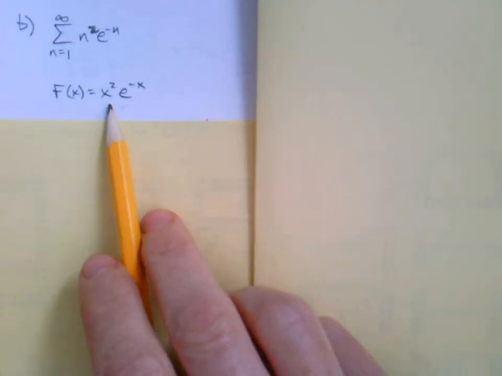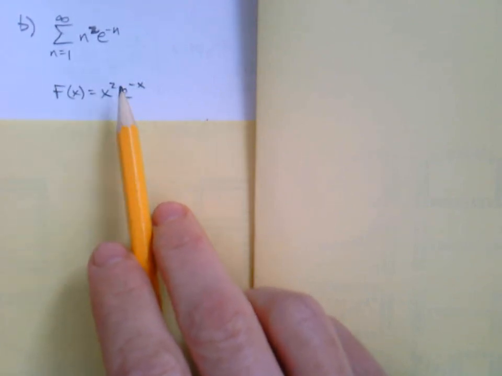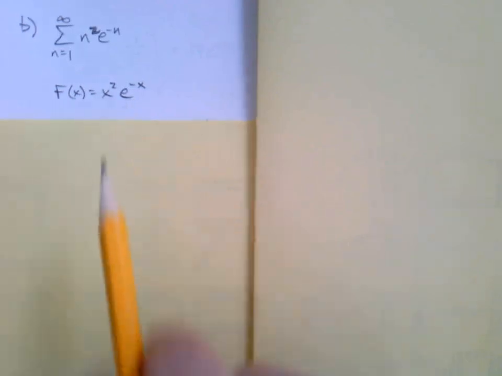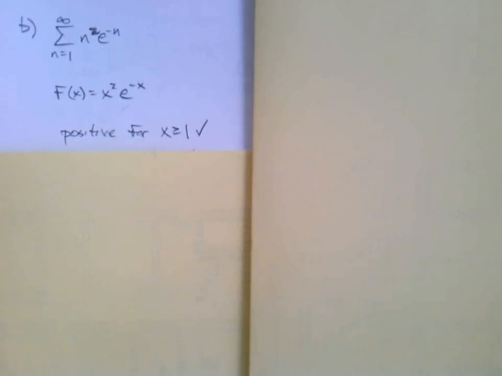And I think we'd say, yep, I'm squaring. Even e to the negative exponent is a positive number. I've got a positive times a positive. No question about it. F of x is definitely positive for x greater than or equal to 1. I don't need to do anything else. That'll be fine. I do want to write that, though. Definitely need to write it so people know that I did think about it.